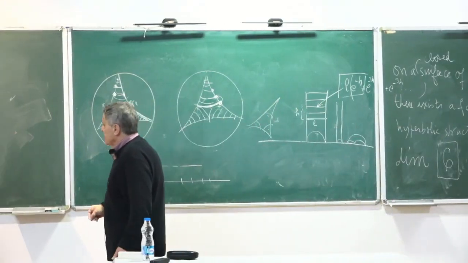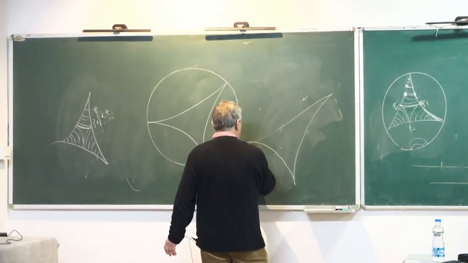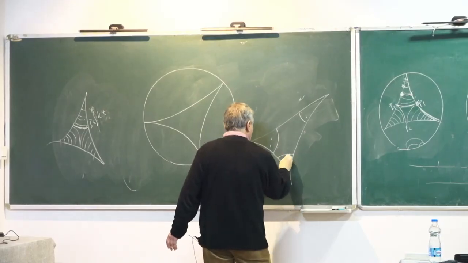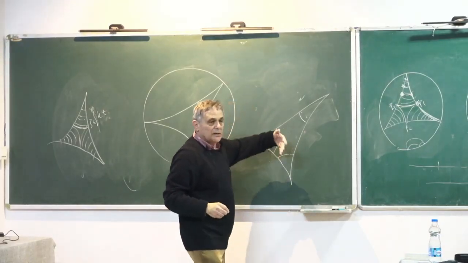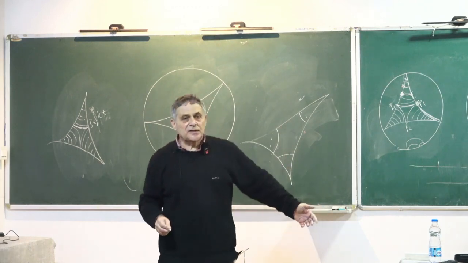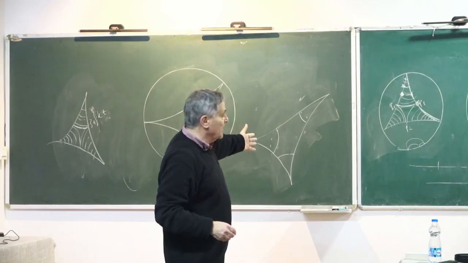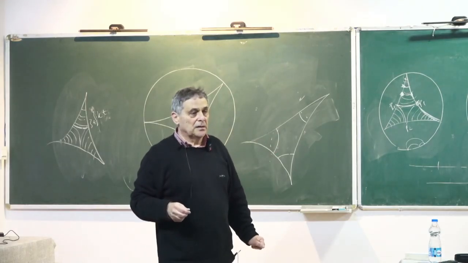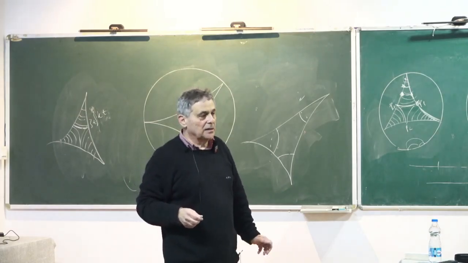So is this possible here? If I imagine my resulting surface as this one, is it possible that I get a curve whose length is finite but which converges to a point at infinity? It's unlikely. Yes, it's unlikely.